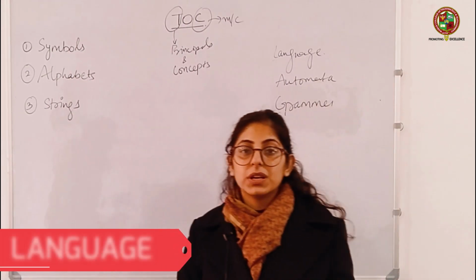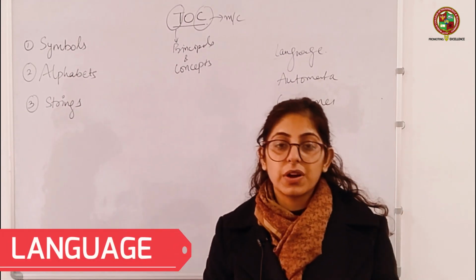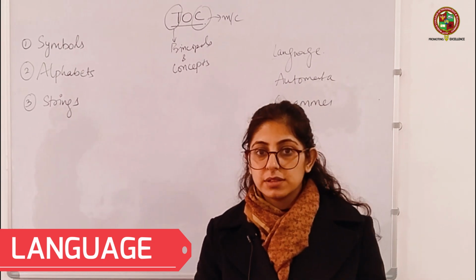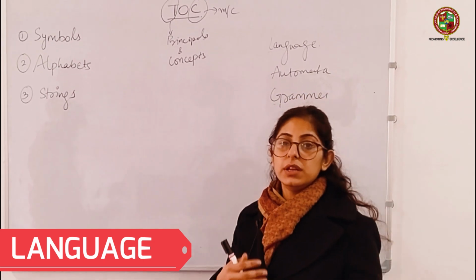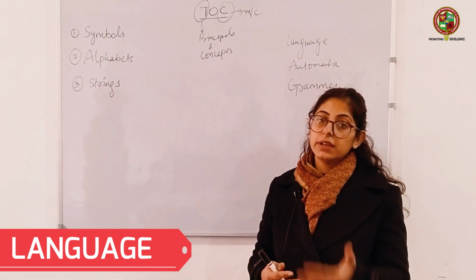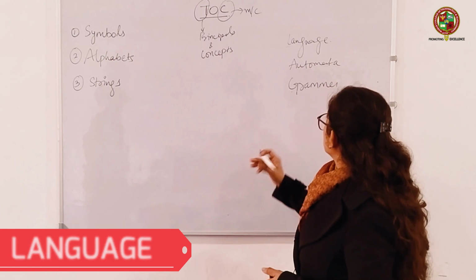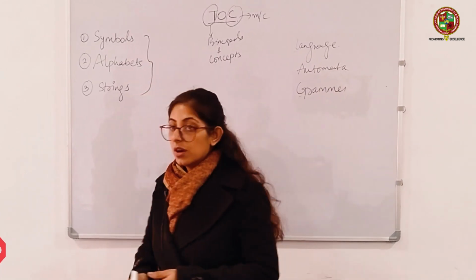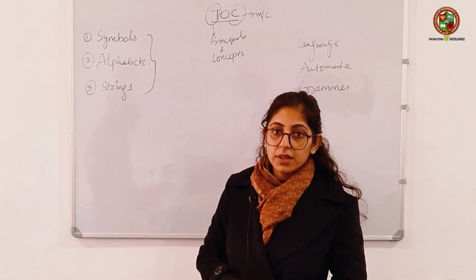Language is the normal medium of communication. If I want to communicate with you all, then I need a language. Similarly, when we need to communicate with our machine or a computer, then we need a language. So, this language contains three main parts. The first part is the symbol.